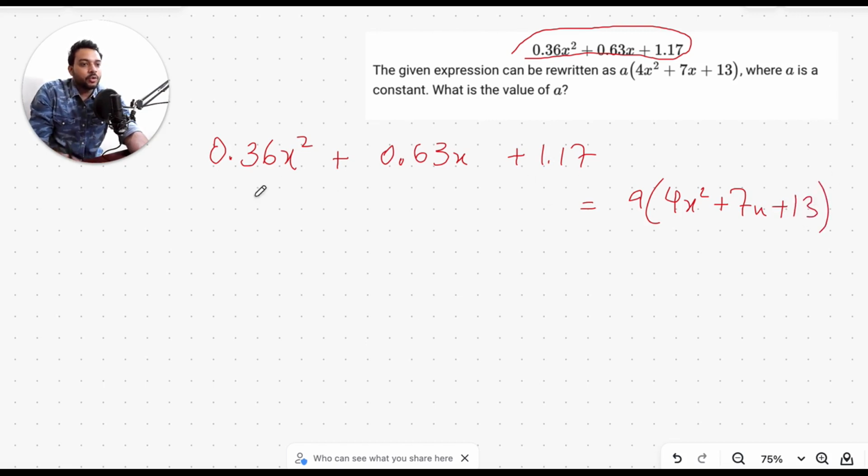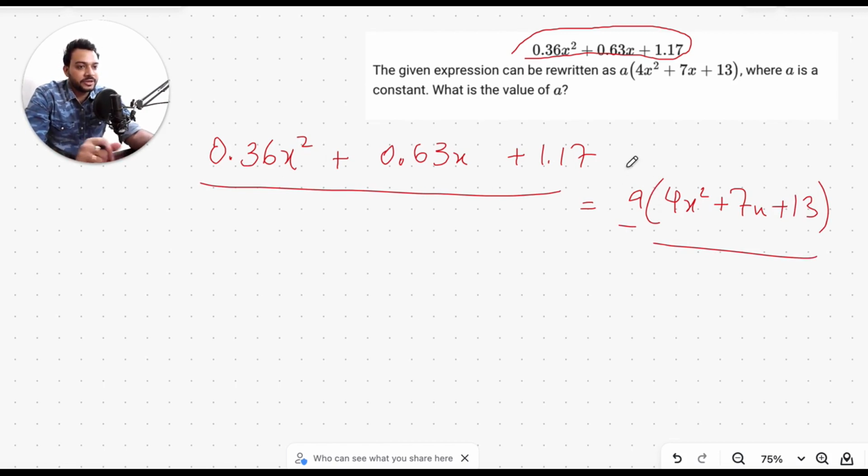So that means they've broken this complete expression down into two factors: a, which is a number, and the rest is an expression. So we need to do it in a similar way. Let's try to figure out what can be taken outside, like what number can be a common factor for all the three. First of all, we can get rid of the decimals.